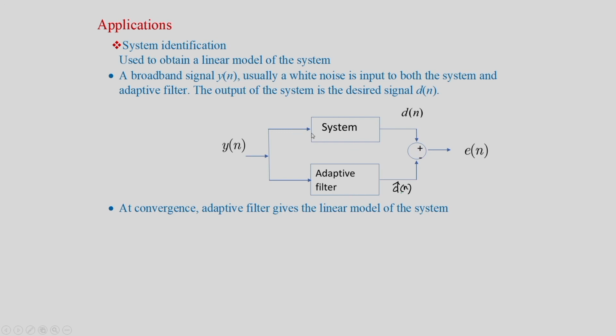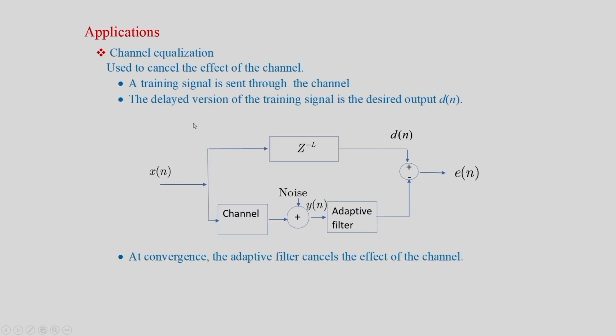So, that way this is the adaptive filter used for system identification. When the adaptive filter algorithm converges, the corresponding filter parameters will give the linear model of this system. So, therefore, at convergence, adaptive filter gives the linear model of the system.